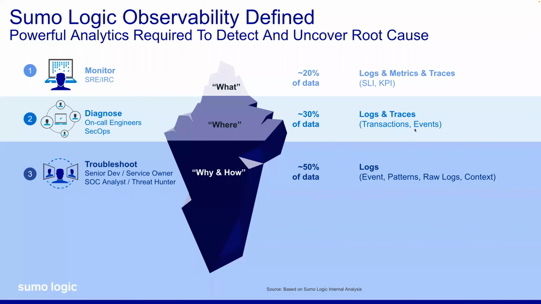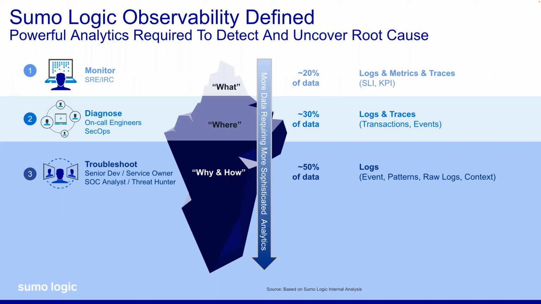Now, the other thing on here is that idea of more data requires more sophisticated analytics. So there's two key requirements for an observability solution, really any observability solution. First, the observability solution needs to be able to handle these large-scale data sets.